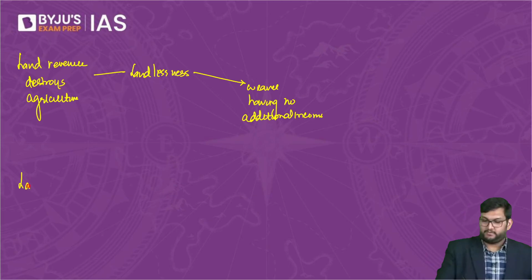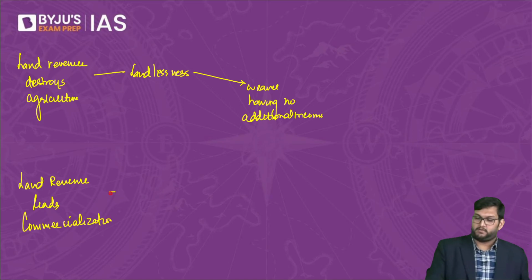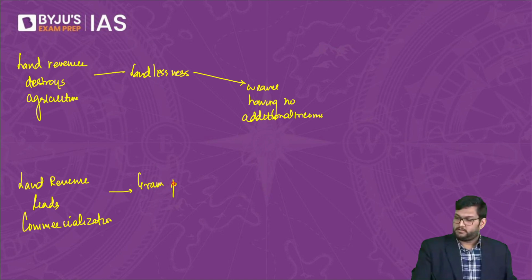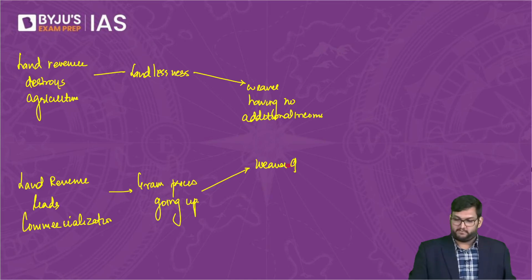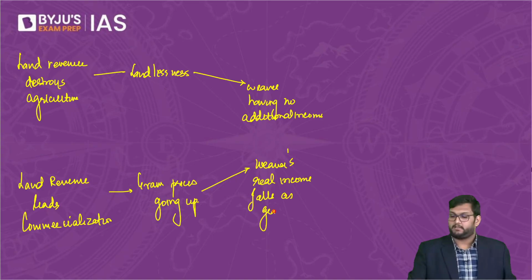and land revenue leads to commercialization, equals grain prices going up, weavers' real income falls as grain wage falls.